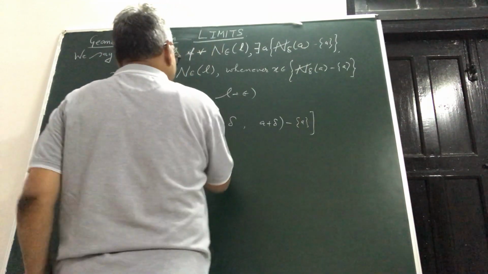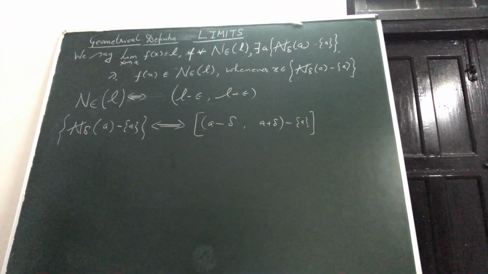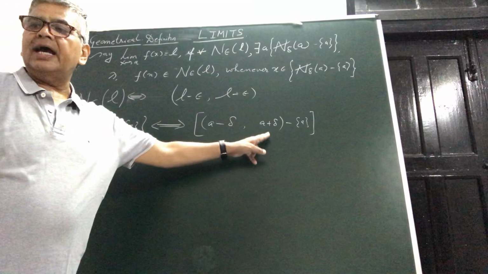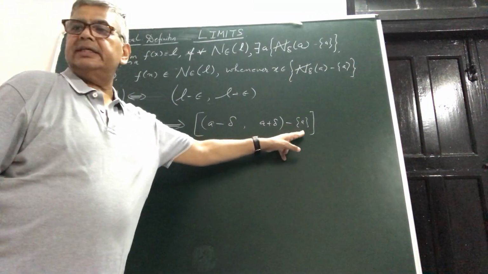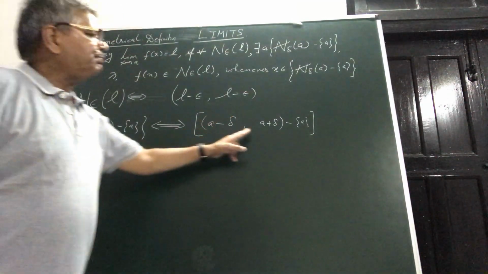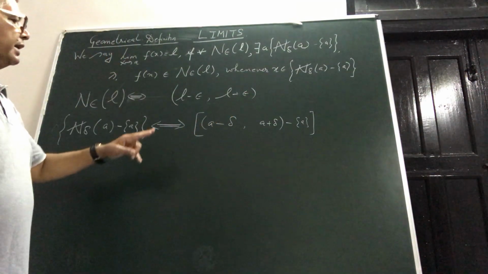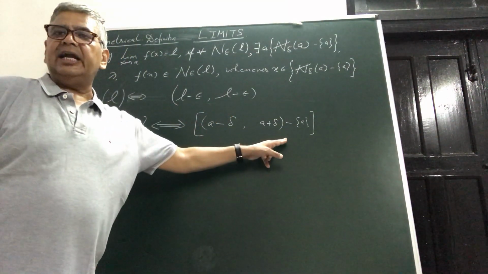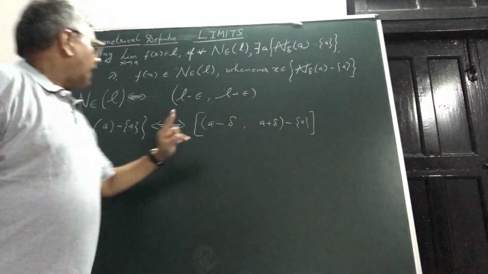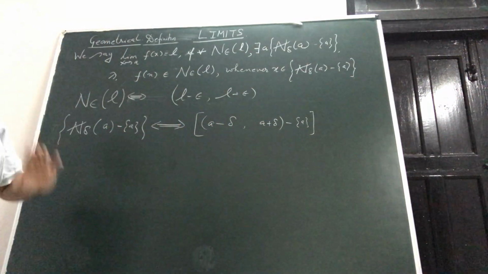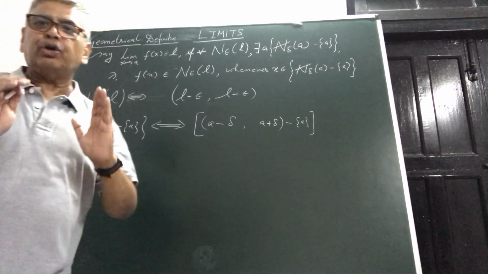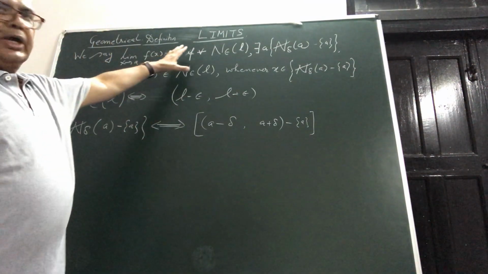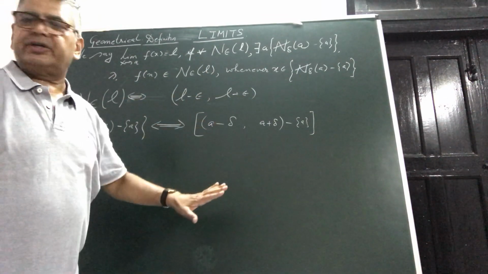The middlemost element from this open interval A minus delta, A plus delta, if you are deleting this middlemost point, then this particular set is better known as the deleted delta neighborhood of A, and this is what exactly is here.